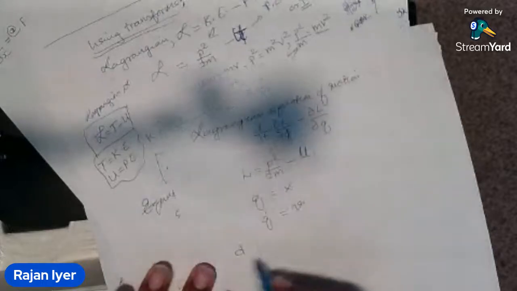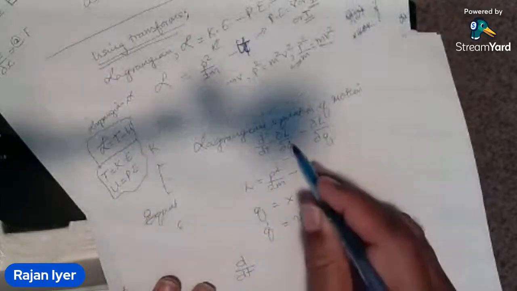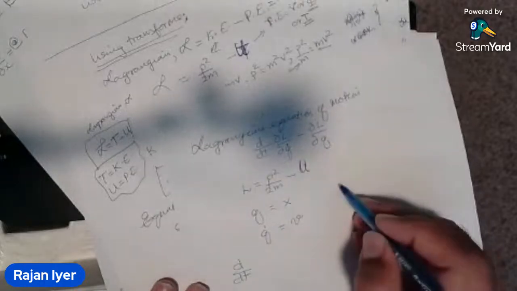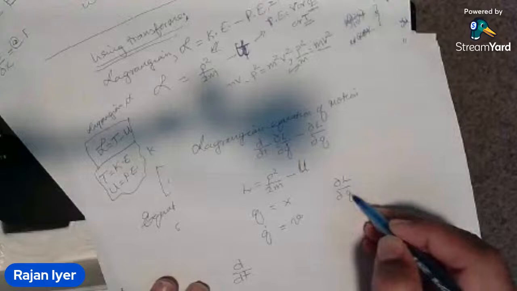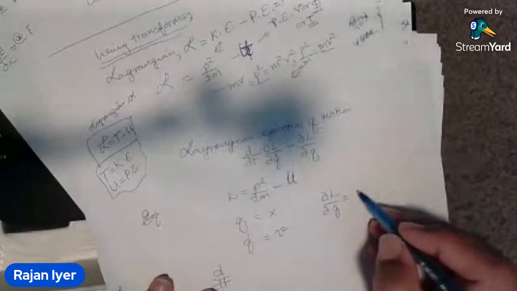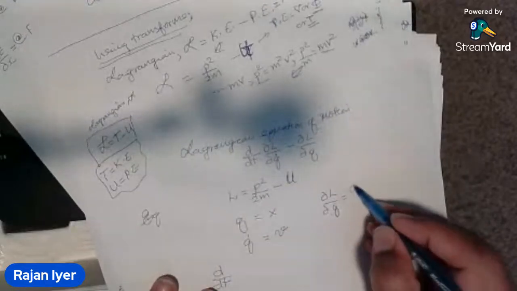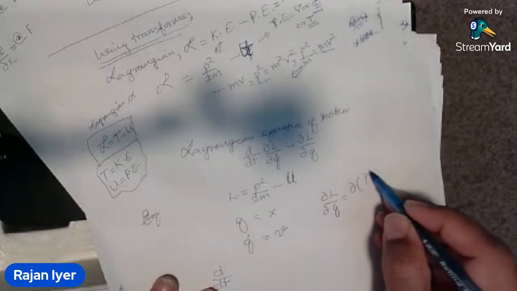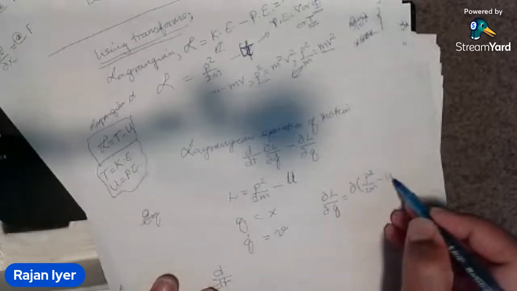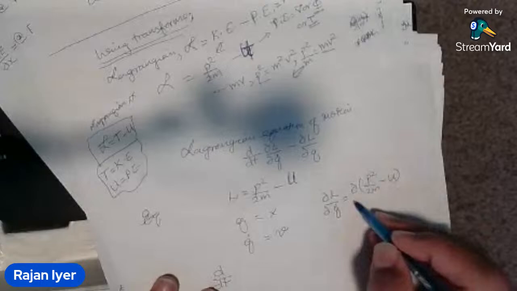So I put back in the differential equation d over dt of del L over del Q prime. I am doing p square over 2m minus u, and differentiating with respect to the velocity.